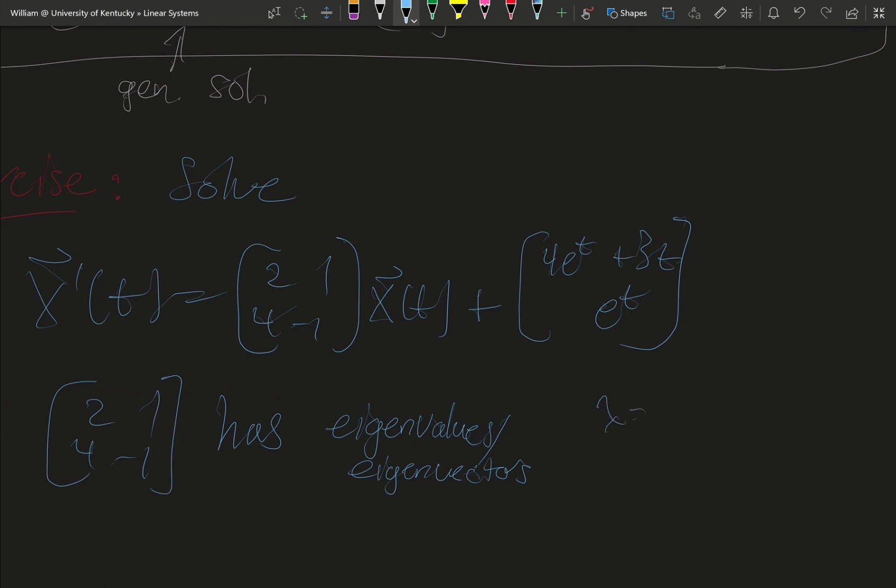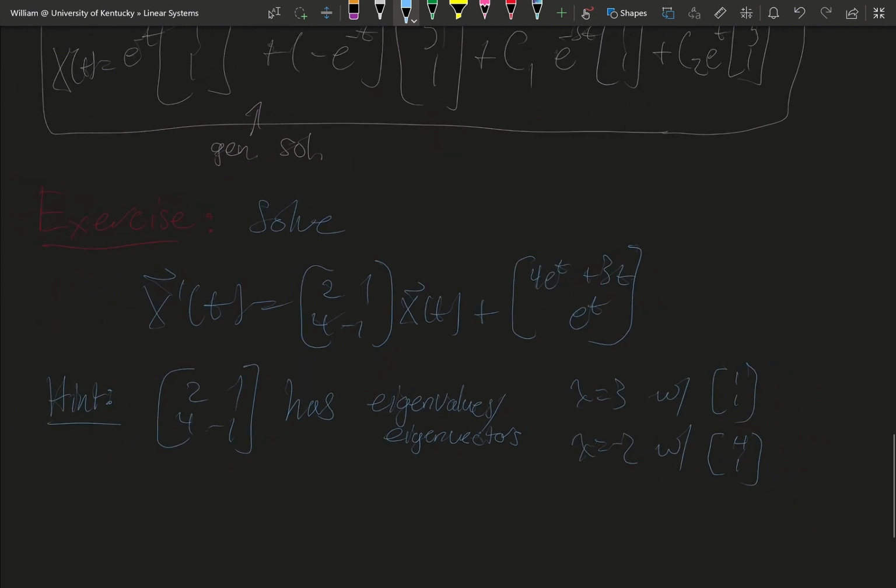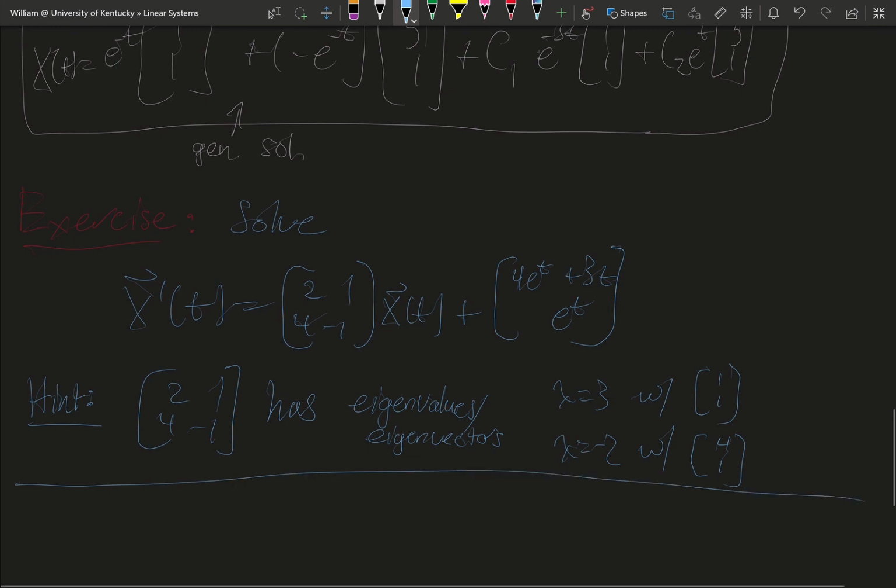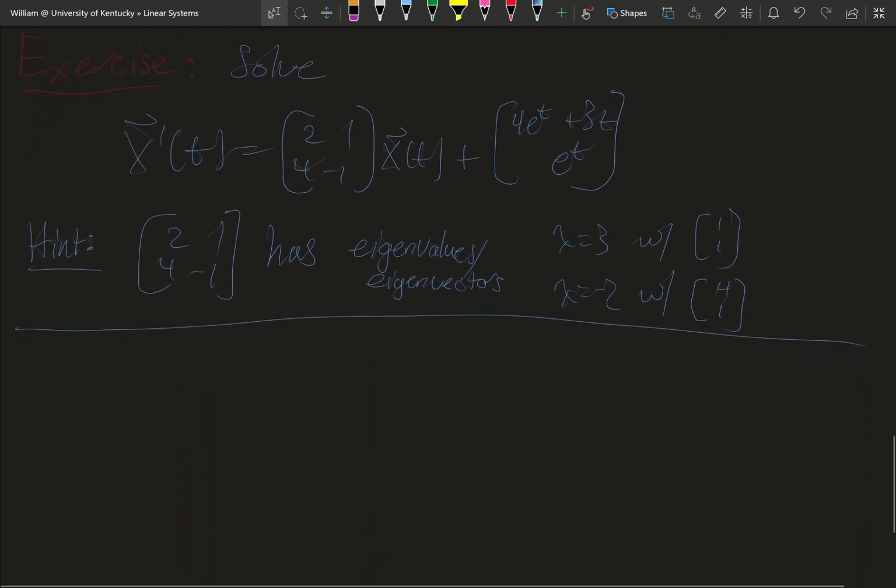Lambda equals 3 with vector 1, 1, and lambda equals -2 with eigenvector 4, 1. All right, so go ahead and give this a shot. And I'll work through a little bit more than usual for these exercises at the end.